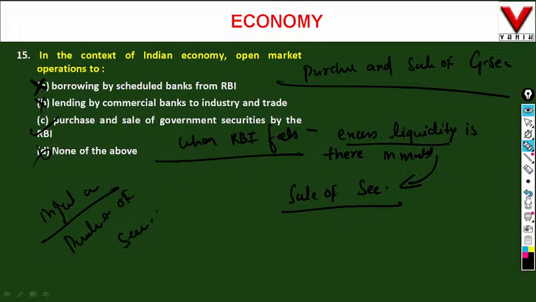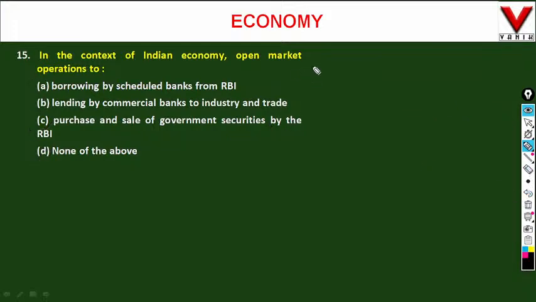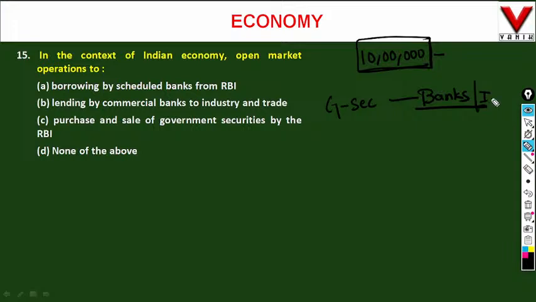Basic funda, understand it. Please take an example. Suppose there is 10 lakh rupees extra, RBI feels it is extra. What will RBI do? RBI will issue government securities to banks and other institutions and individuals.